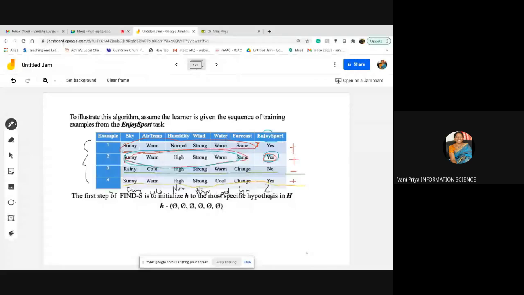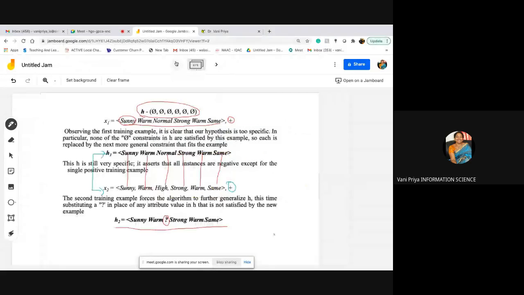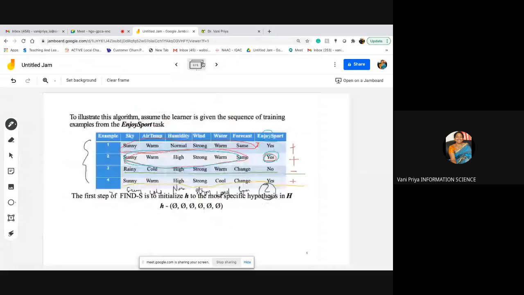So you're going to consider that hypothesis. What is the final hypothesis we got? This one: sunny, warm, question mark, strong, question mark, question mark. So the first one is the value of the sky: sunny.